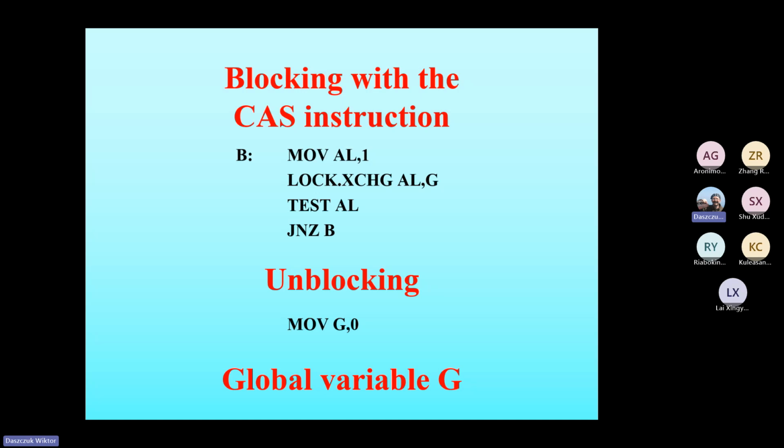When some other process that entered 1 to G before me, because I got 1, it means that I entered 1, but it was 1. So another process entered this one before me. And when this process finishes the critical section, it enters 0. I will enter 1, but read 0, and I can continue the critical section.